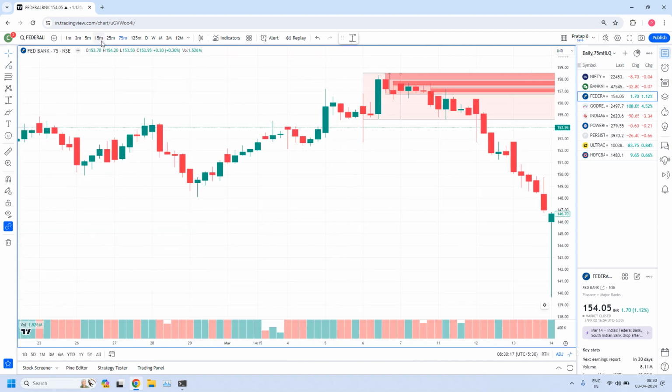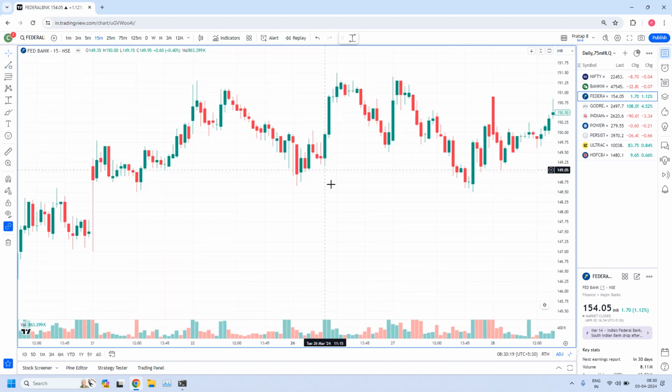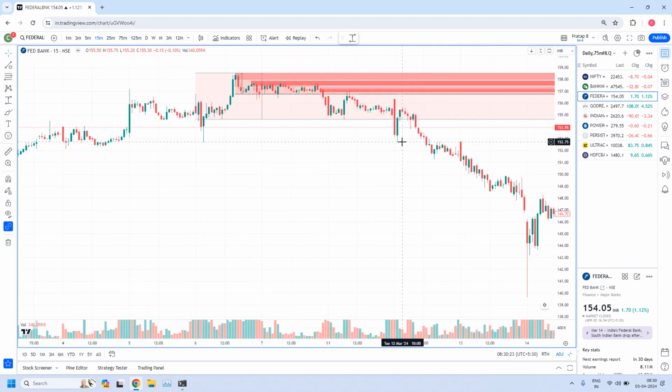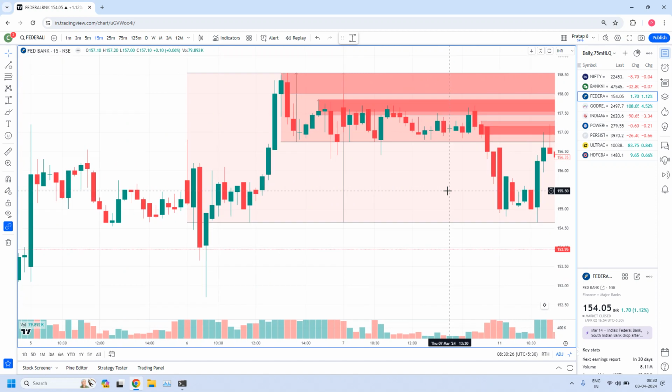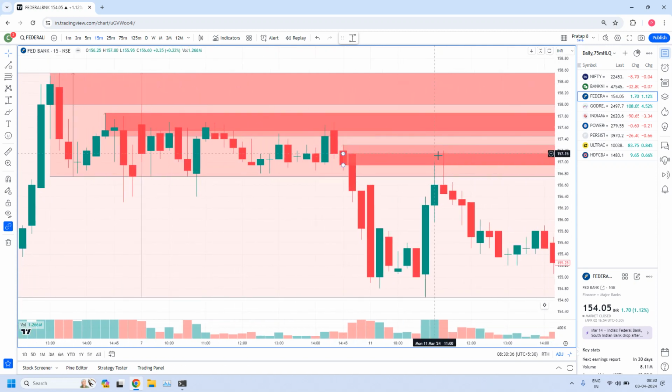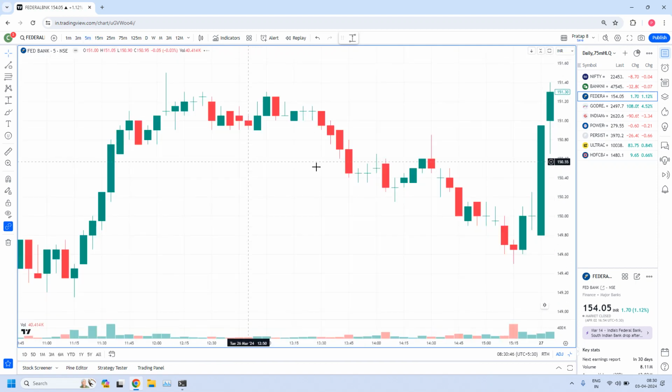And inside this 75 minutes, we fine-tuned with 15-minute zones. Here we have a drop-base-drop, and we have a rally-base-drop, and this one is tested earlier, this fine-tuned zone, and here a fine-tuned zone in 15 minutes is acting as a high liquidity area.